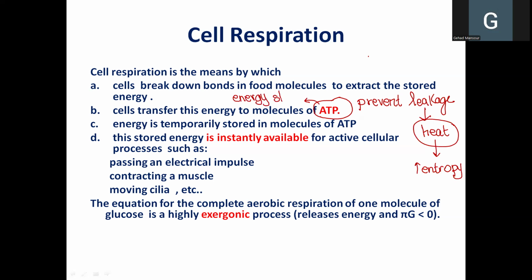So it is an energy storage molecule in the cell, but at the same time, the ATP molecule is the energy currency of the cell, meaning that at any time you can hydrolyze it easily to obtain energy. And we discussed the equation of hydrolysis of ATP before.